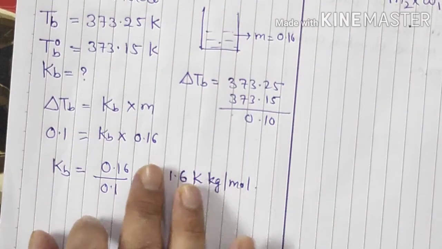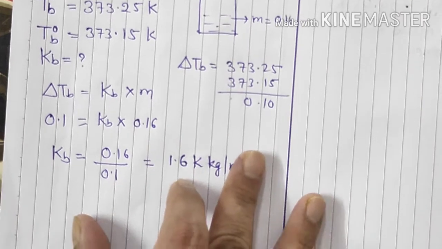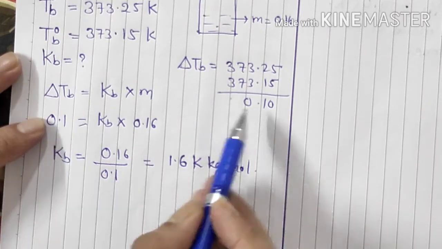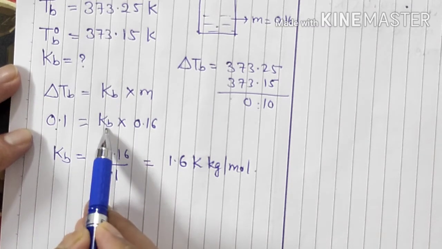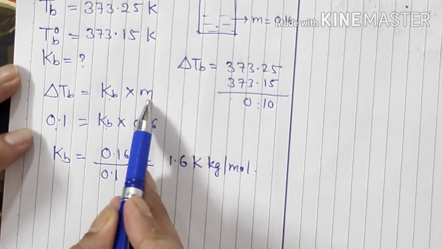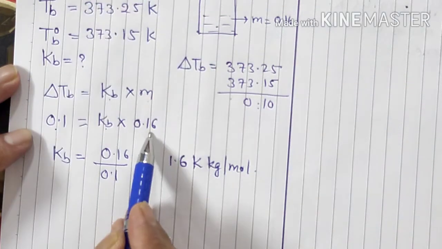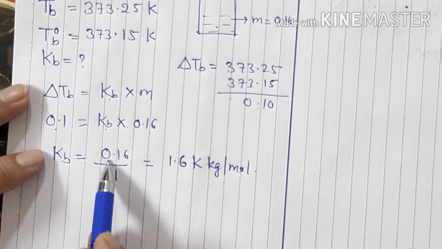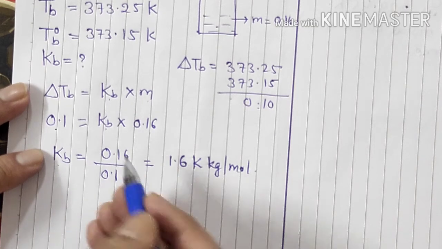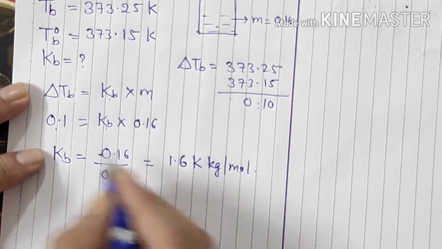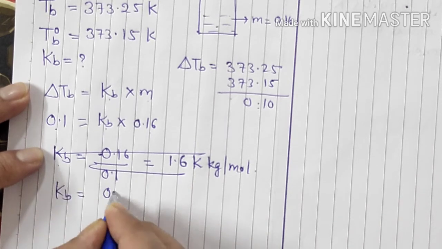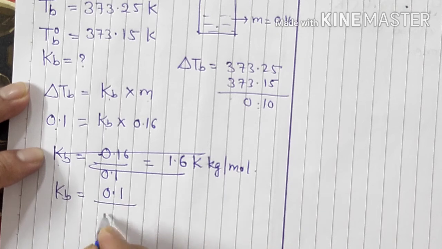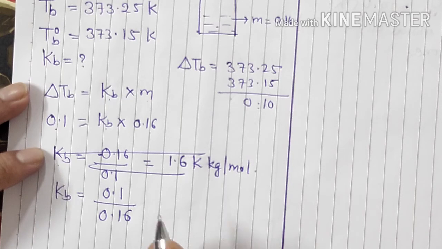I think student was not visible. Let me explain again. Delta TB we find out, I put here the value 0.1, that is equal to KB, this is what we need to find, into molality 0.16. This is where the mistake is. KB will be 0.1 divided by 0.16, right?